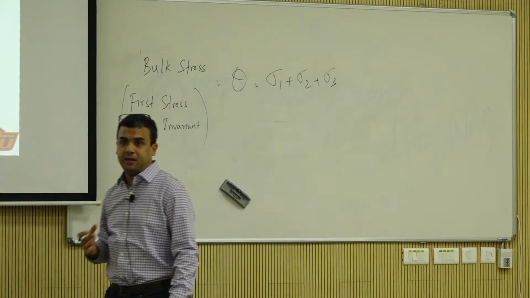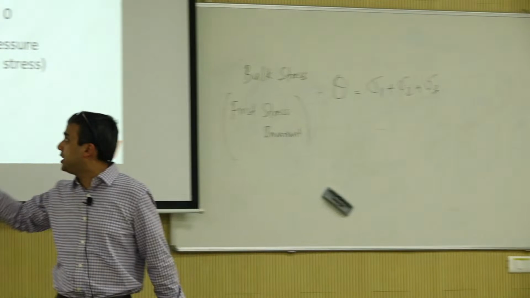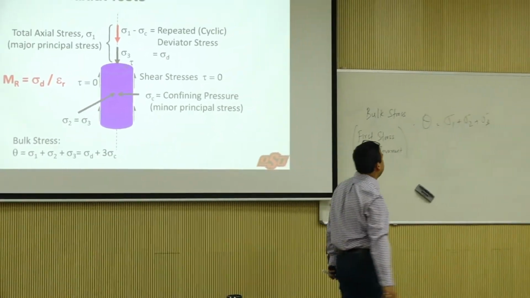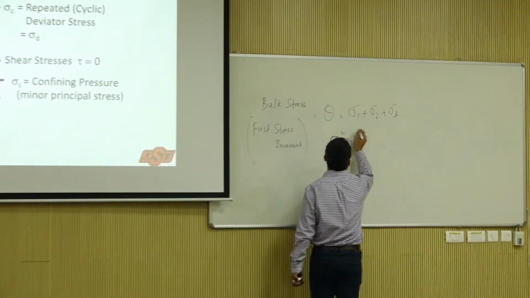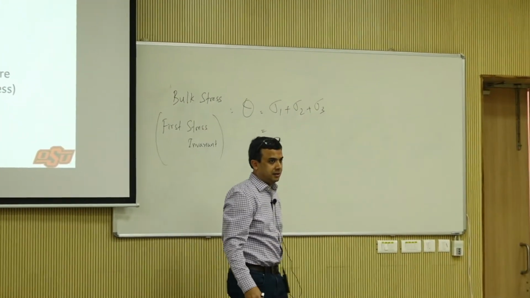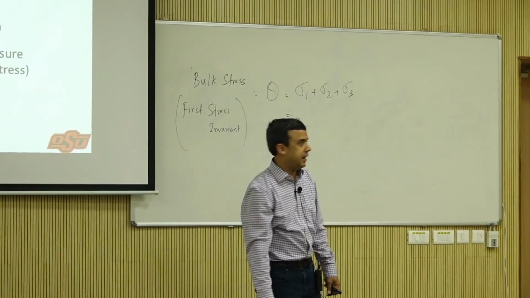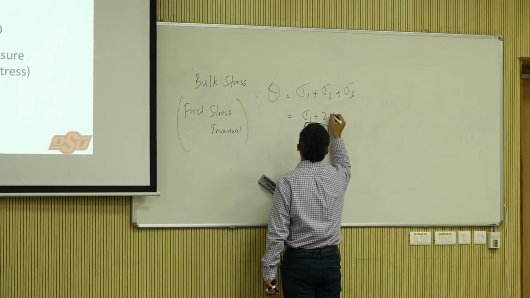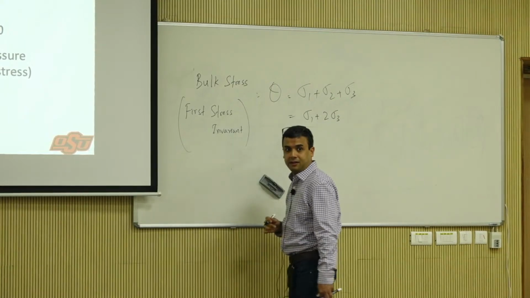Okay, let's look at a triaxial device, right? What is the relationship between sigma 2 and sigma 3? They're the same, right? So we write it as sigma 1 plus 2 sigma 3, right?